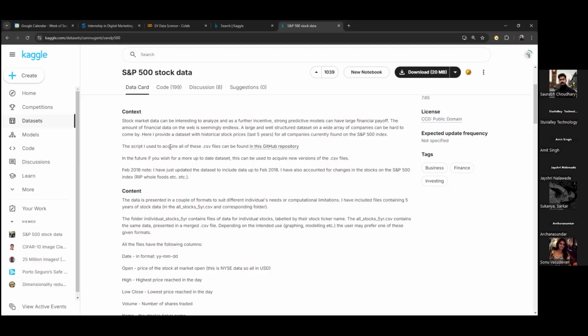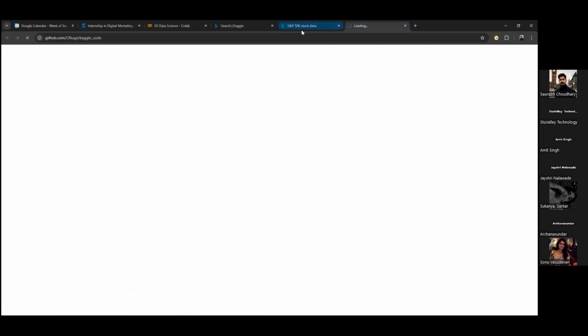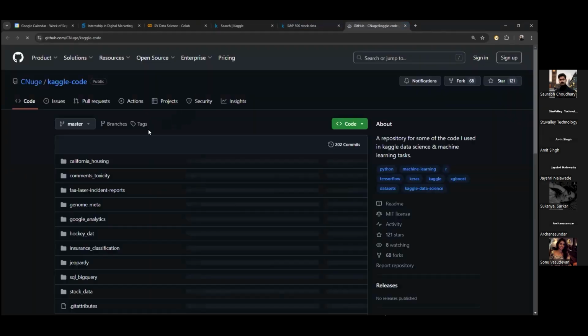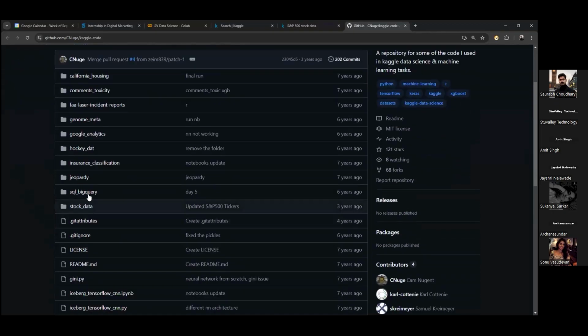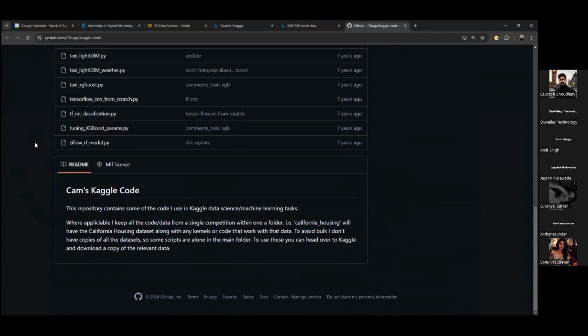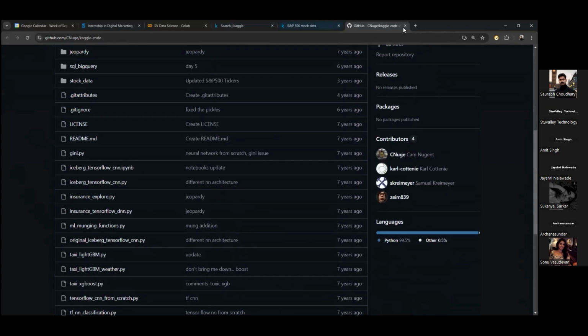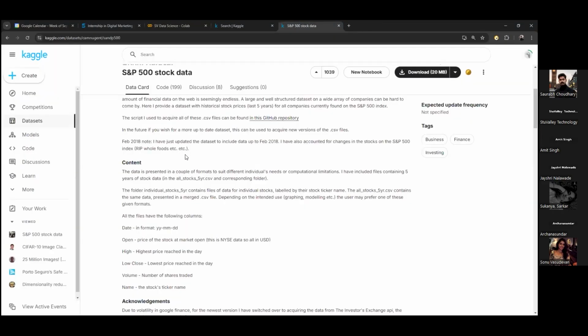The script used to acquire it is a CSV file. The GitHub repository is also there for it. Try to make the clusters of this.